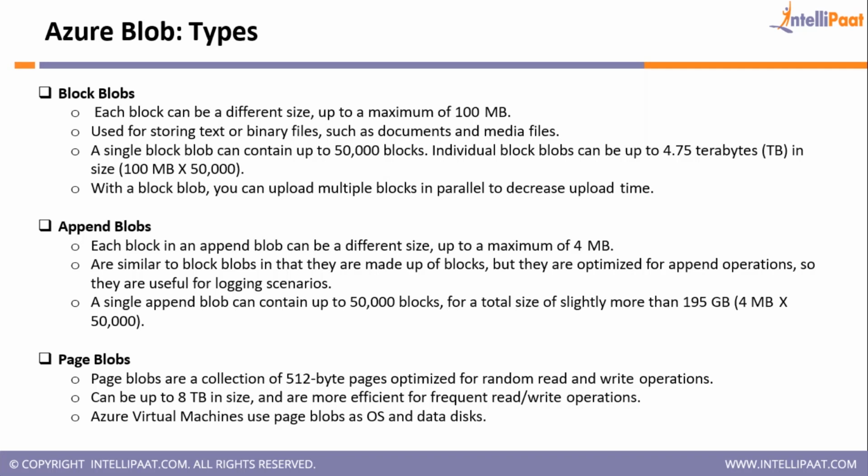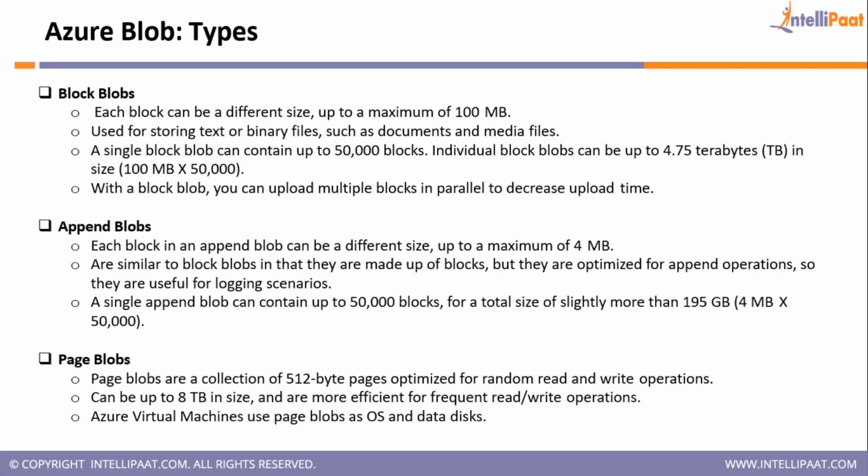Otherwise, there would be no way to define how much limit you can have inside a particular block blob. With a block blob, you can upload multiple blocks in parallel to decrease upload time. So block blob is quite rich in terms of managing documents and media files. Append blob is good, but it has many restrictions. Each block in an append blob can be a different size, up to a maximum of 4 MB.